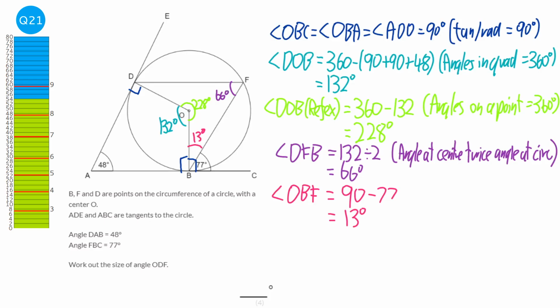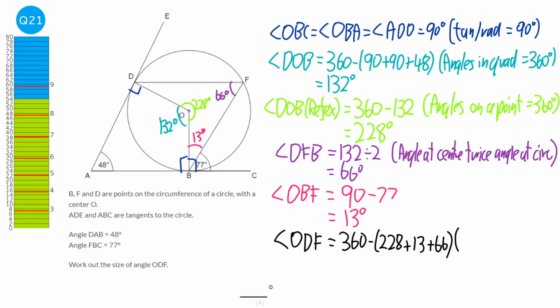And the final thing really here is that we've got a quadrilateral here, kind of arrowhead, and we've got 3 of the angles, 1, 2, 3, and we're looking for the third one. So angle ODF is going to be 360, take away all the angles that we know, so the 228, the 13, and the 66.